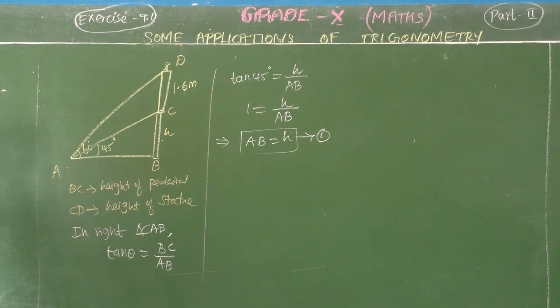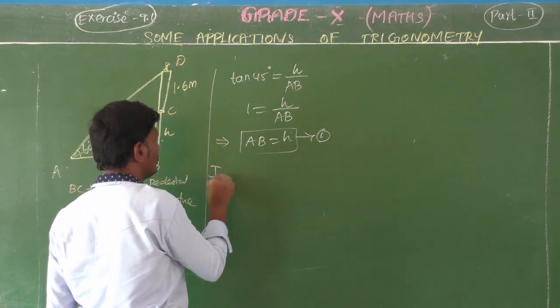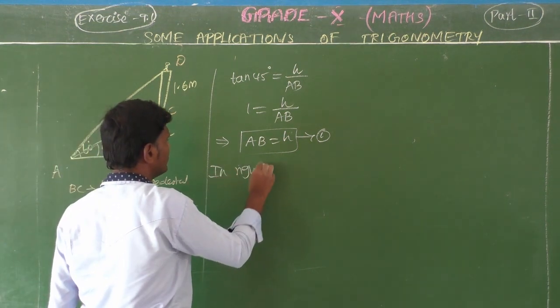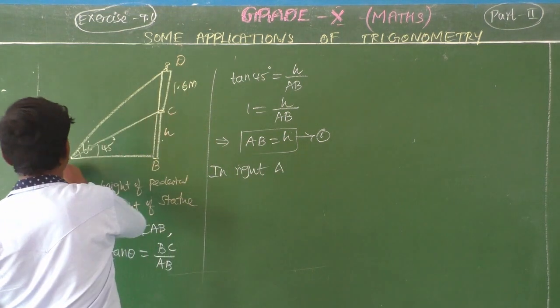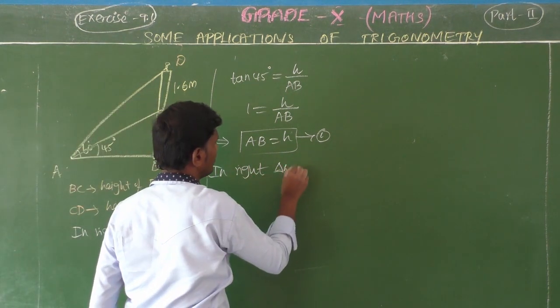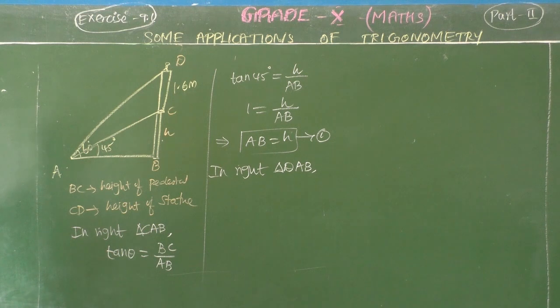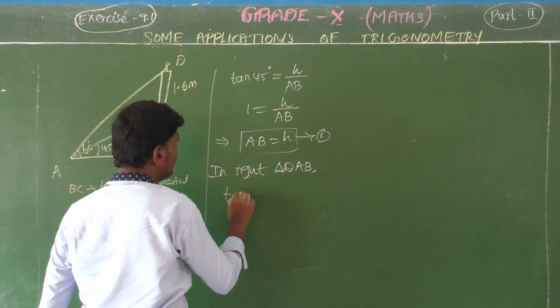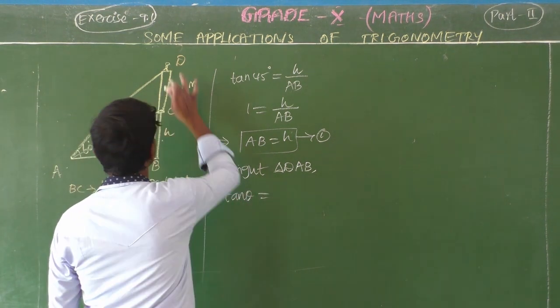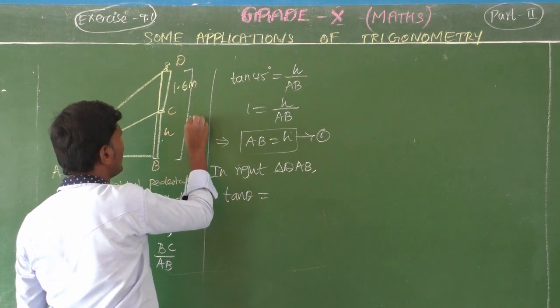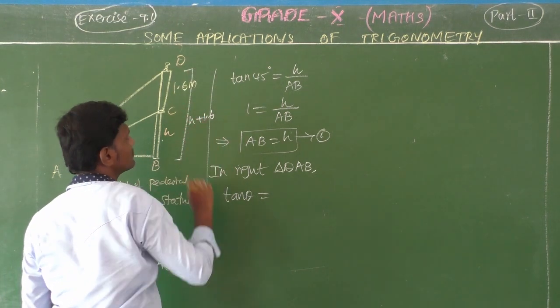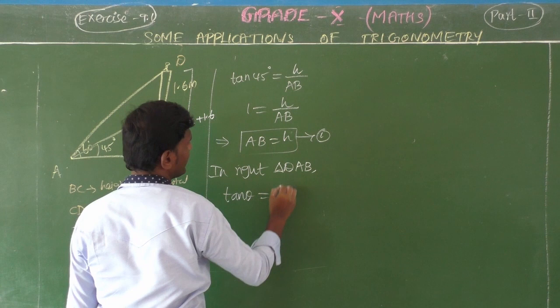Yes, students. Next I am going to take the whole big right triangle, that is right triangle DAB. Here tan theta is equal to the whole BD, which I am going to denote as H plus 1.6, divided by AB. Here theta is 60.